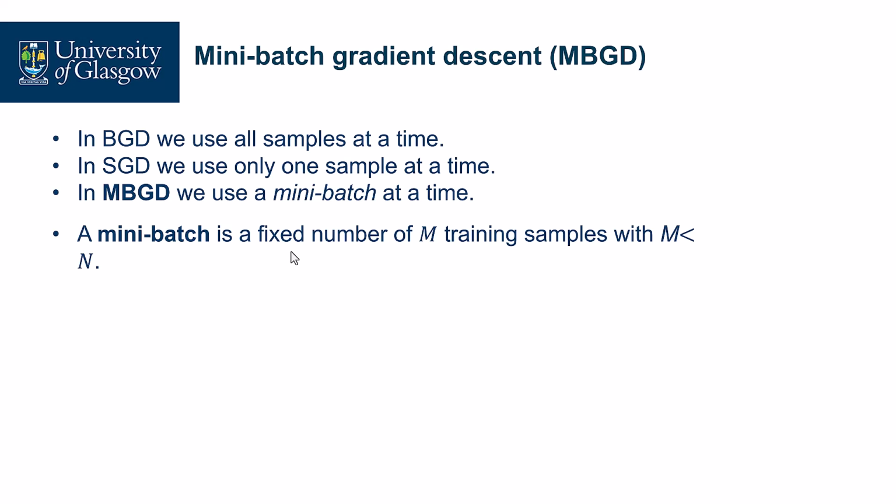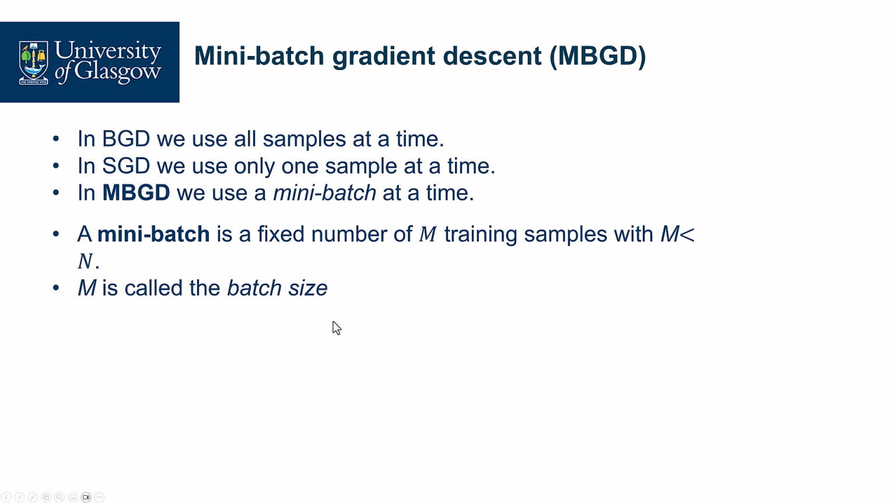It's a fixed number of m training samples, and this m is much smaller than n. So the total samples are divided into several mini-batches, right? And m is called the batch size.